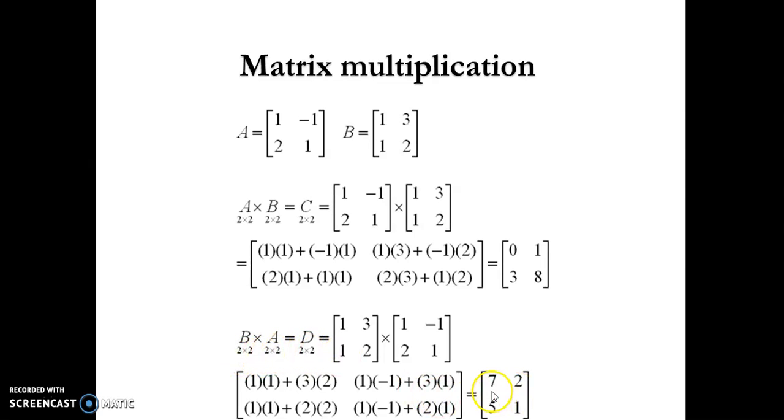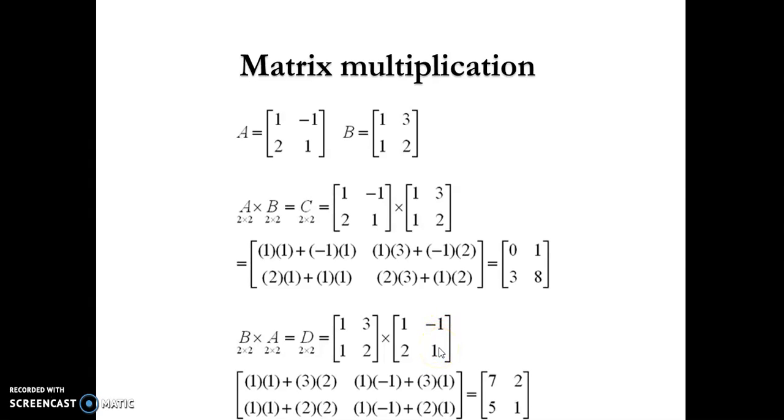So it must have 2 rows and 2 columns. So if I look at this element, it is in row 1, column 1. So I must take row 1 by column 1 to get that answer. And if I want to get this element, and the answer there was 2, it is in my first row, but it's in my second column. So you take your first row by your second column in the other matrix.